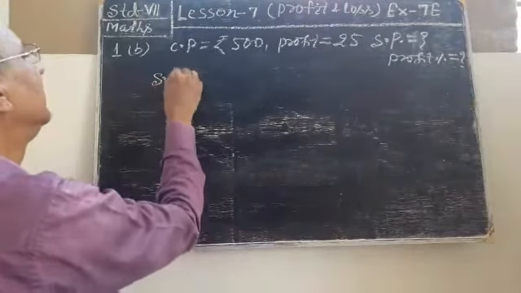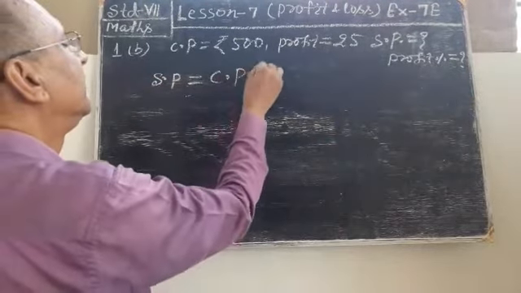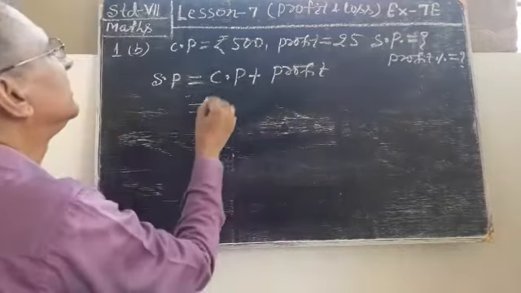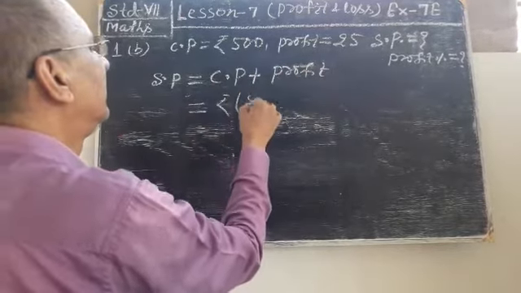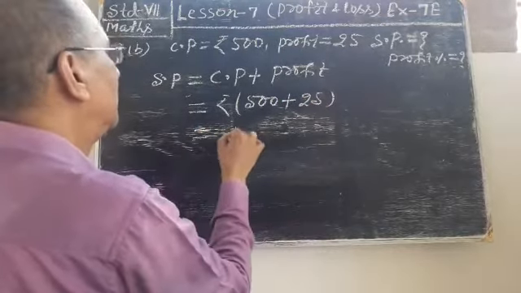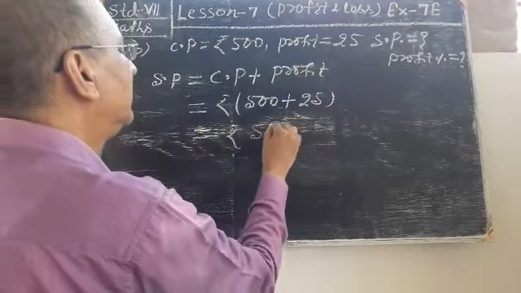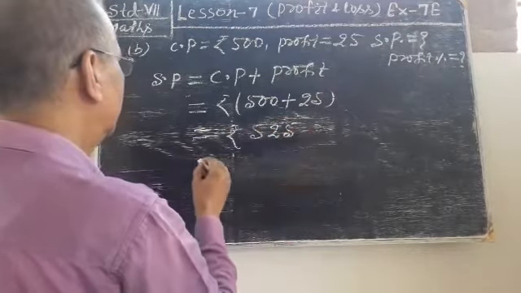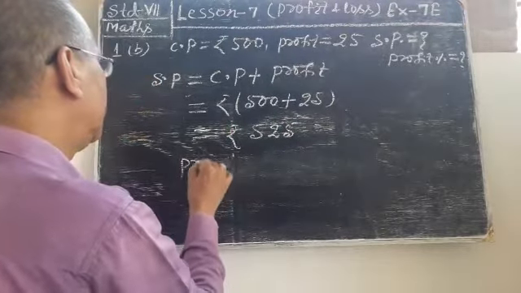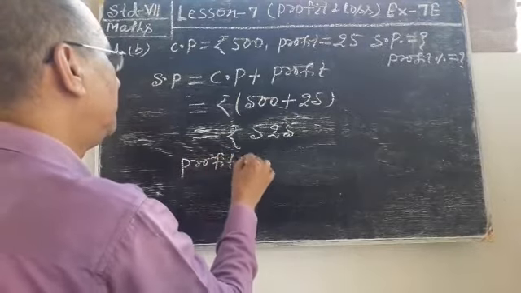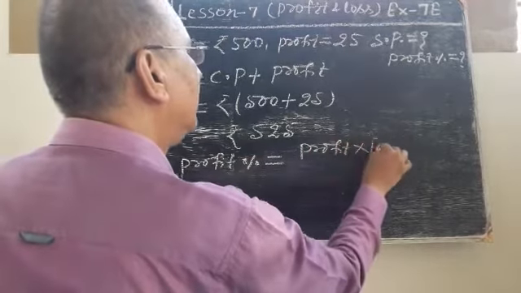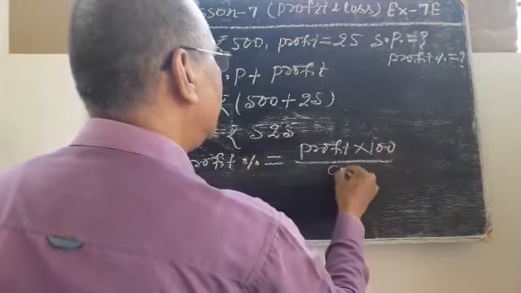So SP is equal to CP plus profit. This is equal to rupees 500 plus 25, which is equal to rupees 525. Now the profit is already given, so profit percent is equal to profit into 100 by CP.